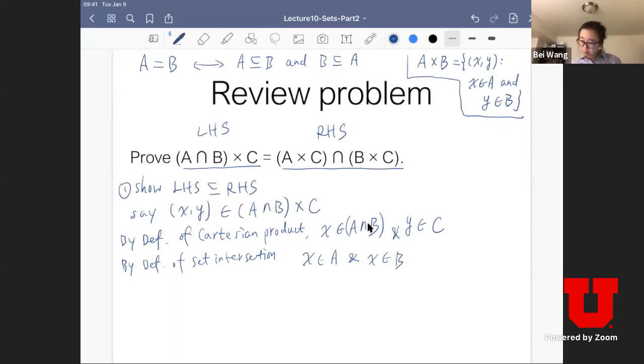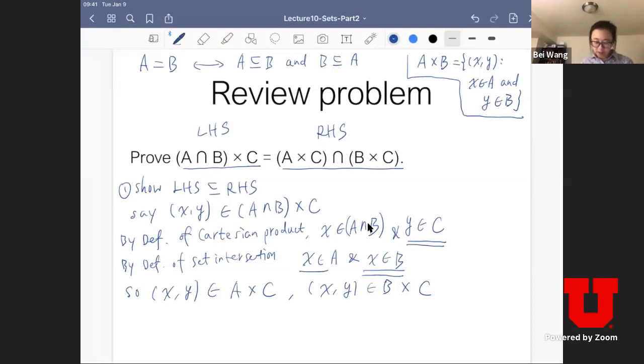So because X belongs to A and X belongs to B, and Y belongs to C, then I can pair X with Y. So if I pair X, Y, this belongs to A cross C because we have X is in A and Y is in C. But also because X is in B and Y is in C, when I pair them up, I have X, Y also belongs to B cross C. And this is again by the definition of Cartesian product.